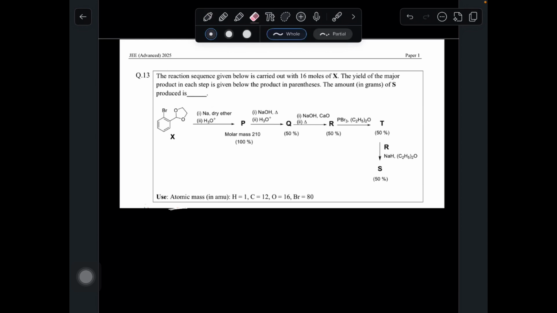This is the common reagent for the Wurtz reaction, or, whenever it is with an aromatic ring, the Wurtz-Fittig reaction.